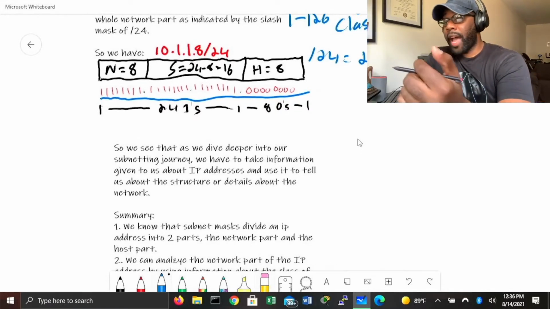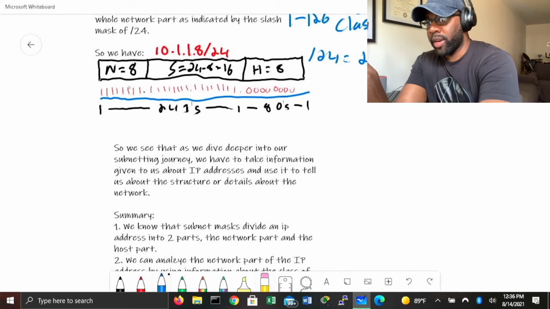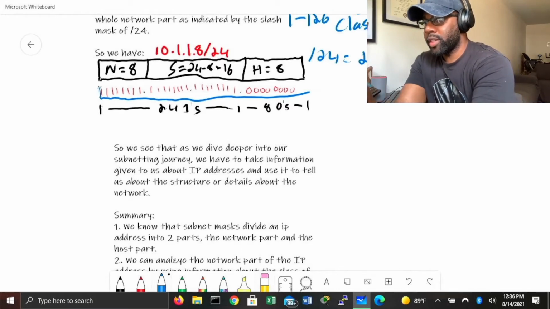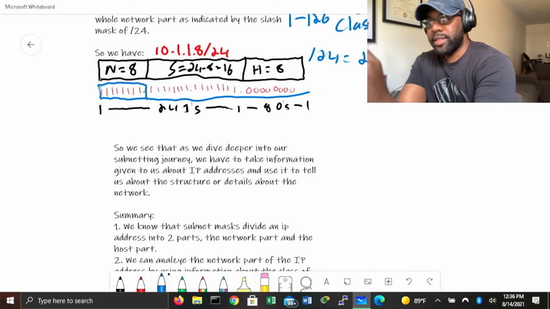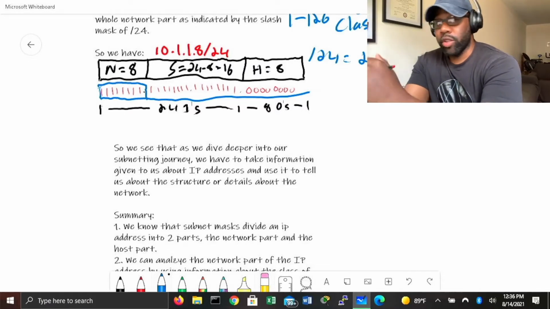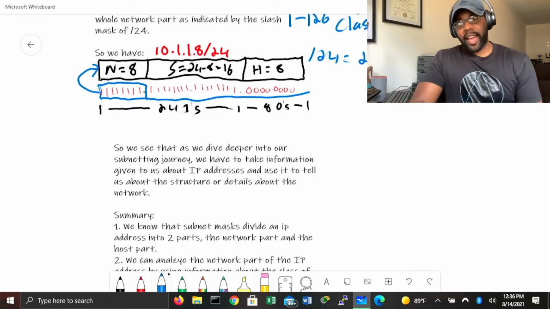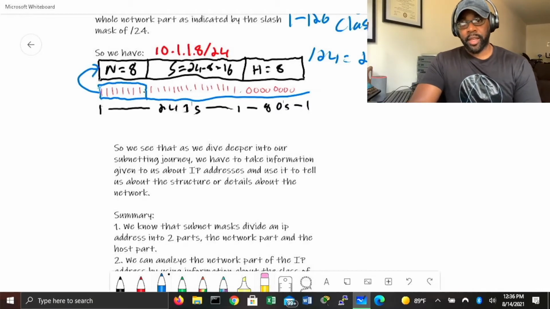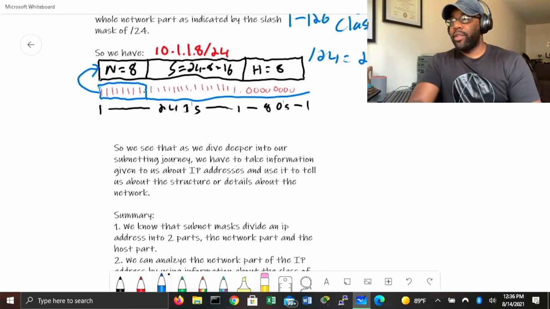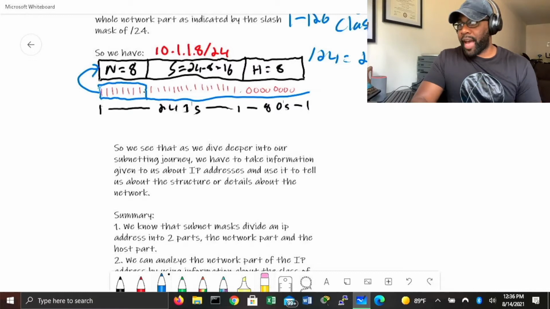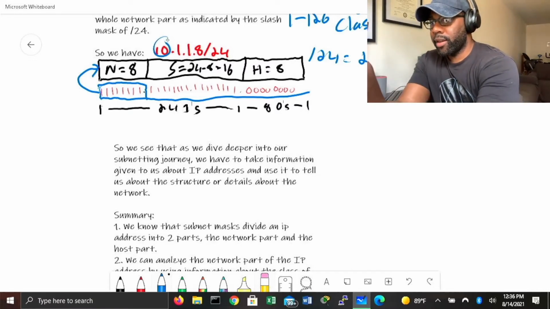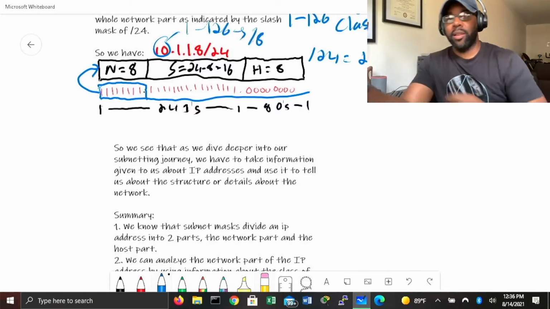So now we can easily tell with our nice little drawing, courtesy of Wendell Odom's CCNA official cert guide. It's a great book. I love the way he explains it. We have 8 bits right here turned on for the class A indication of the IP address, right? And we know that right off the bat because this right here is between 1 and 126, and it has a default mask of /8, 8 bits turned on.